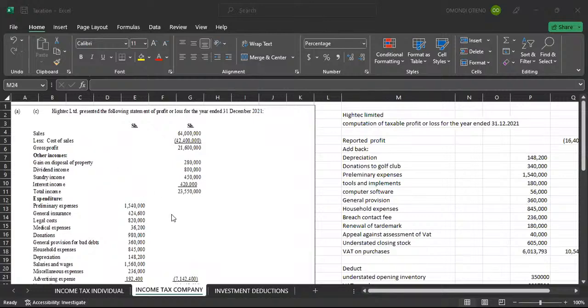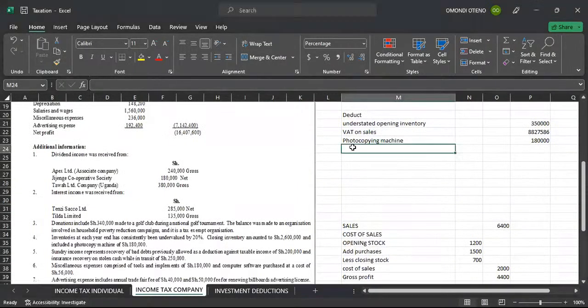If it is an income, it should not be used to increase your taxable income. And therefore, we are going to subtract gain on disposal of property. The photocopying machine, yes. Remember, deducting it here is just to rectify the mistake which was done.